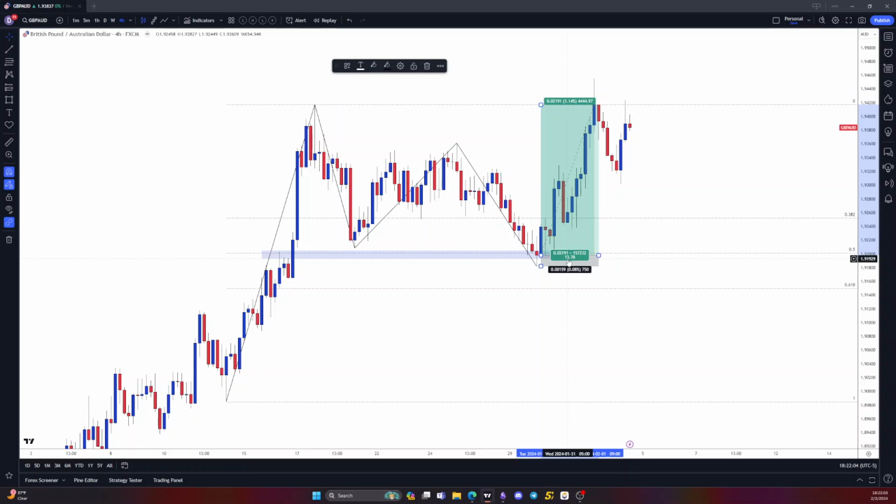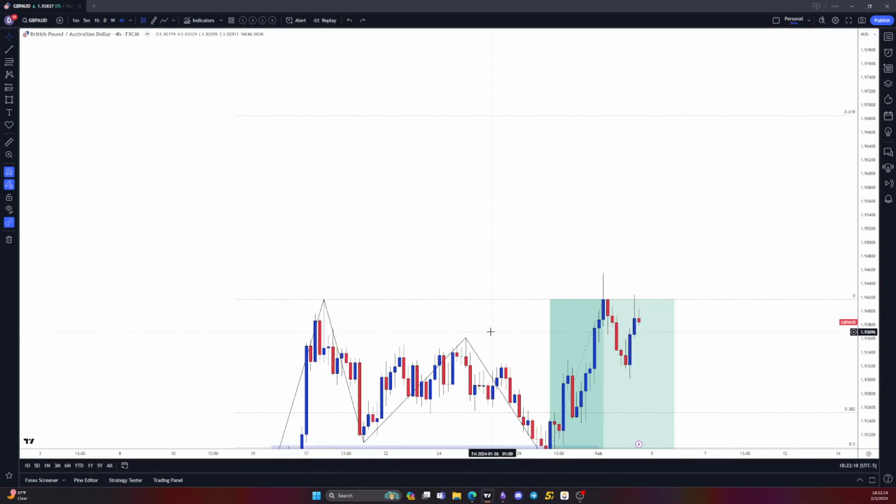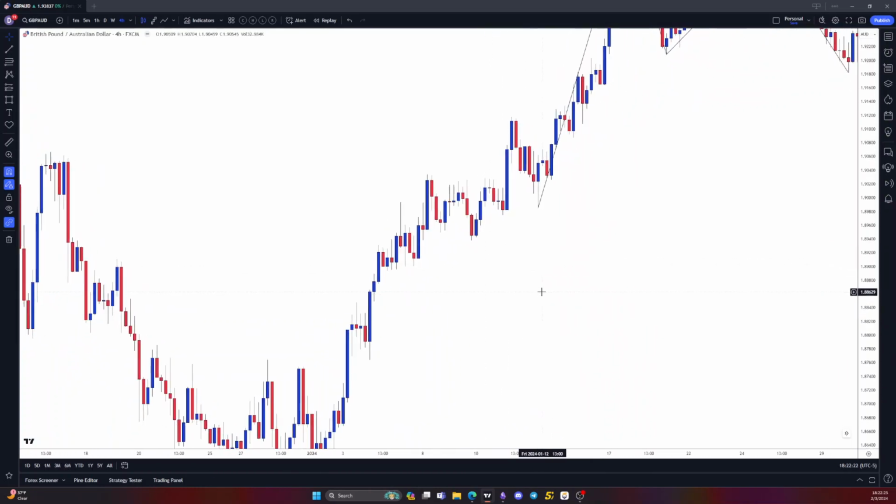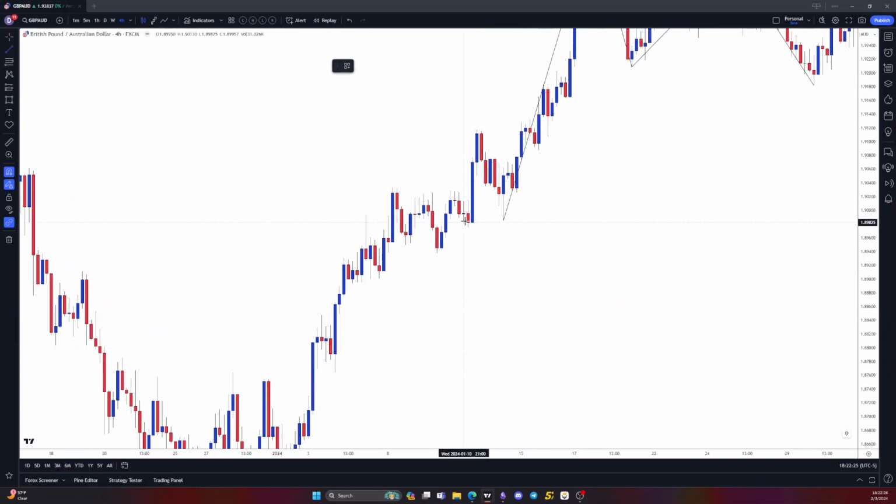Now, I have found the three-legged formation to be the highest probability setup between the single leg and the multi-leg formation, because there will be times when a correction actually has a single leg. Like here, we have another three-leg formation. On a lower time frame, this is a three leg, but on this 4 hour time frame, it's a single leg.